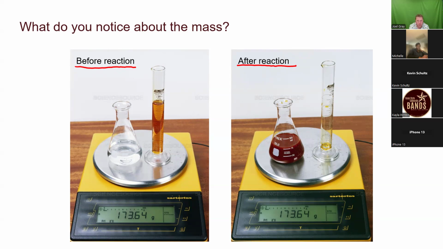You can compare them or just say anything about them, really. I've got one comment that it's the same. You're referencing the mass. The weight did not change. You're absolutely right. But did the contents of either of these two pieces of glassware change?